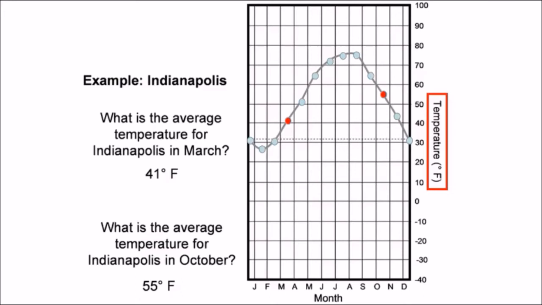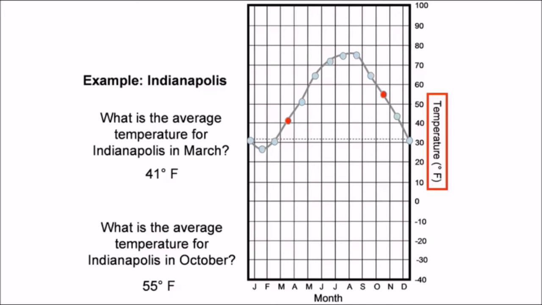For example, the dot for January is going to be right in the middle of that box, not on a line. January is somewhere right around 28 degrees probably, so you'll place a dot in the middle, because it's an average temperature for the month, in the middle of the region for January.